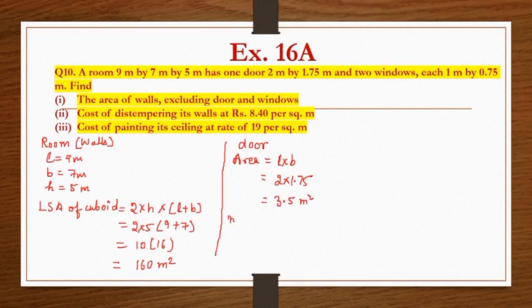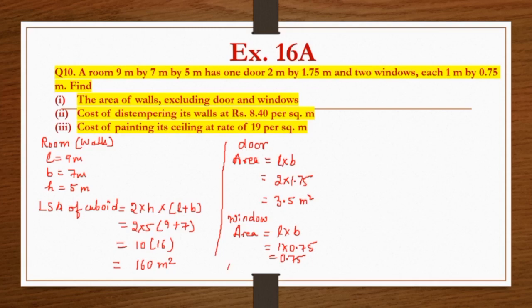Now let's work on windows. First, only one window we will calculate. So area, in this case also the same, L into B, because that is also in the shape of a rectangle, and this is given 1 multiplied by 0.75. So 0.75 multiplied by 1 is 0.75 only, and this is only for the one.